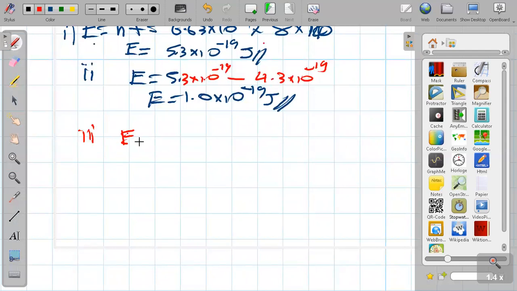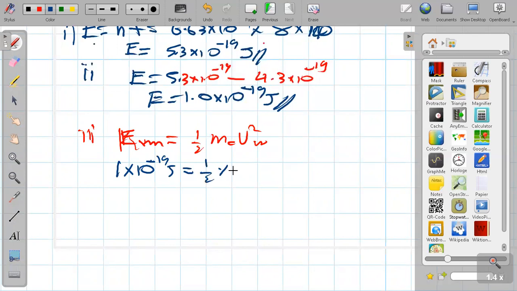E max equals K max, equals half m e v max square. So now I know the E max value is 10 to the power minus 19 joule, and half m is 9.1 into 10 to the power minus 31 kilogram times v square.